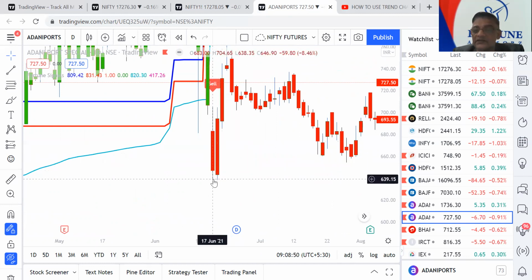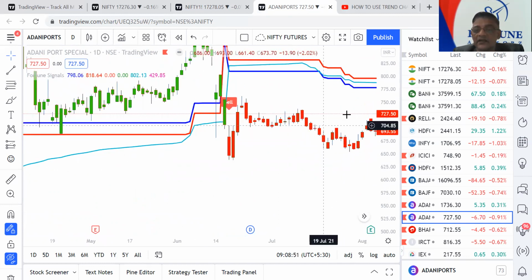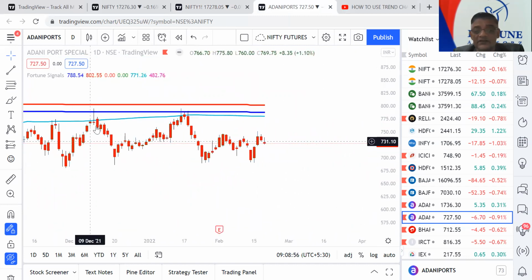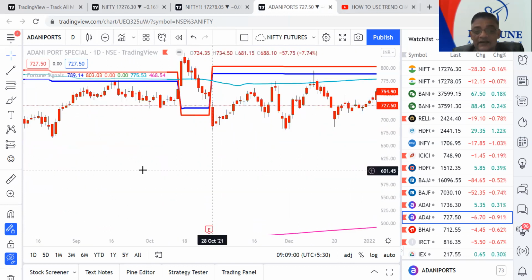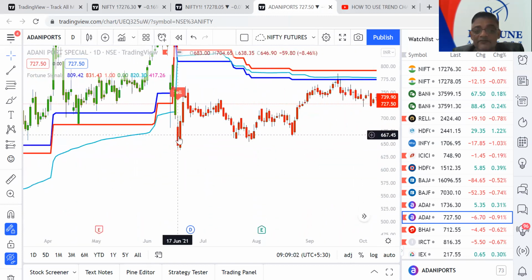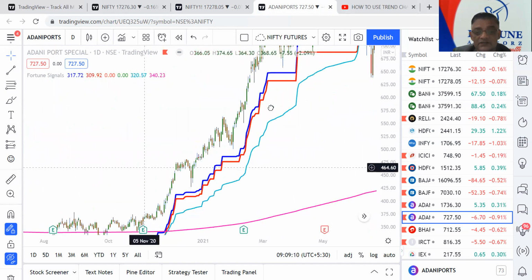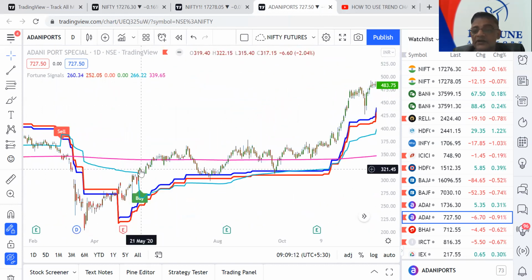And from here, it is 639. And today it is trading at roughly around, even though it is red color, according to me, it is not red color, because the red color will be genuine only if it breaks and closes below the 638 level. Till that time, the buy is still on, which we bought at 321.